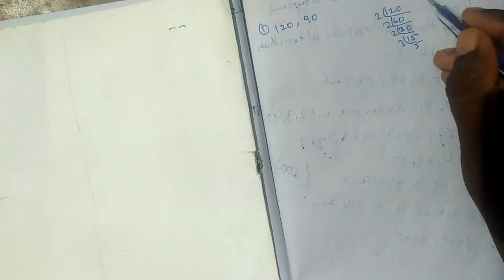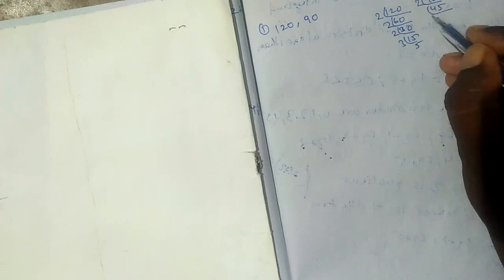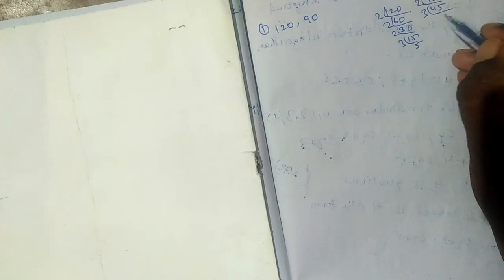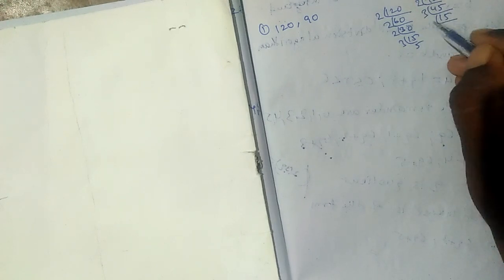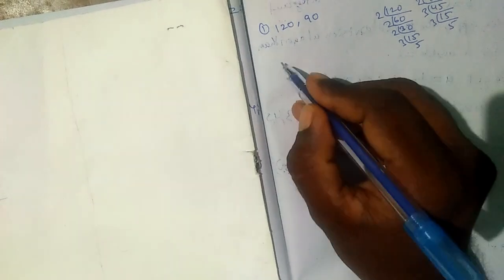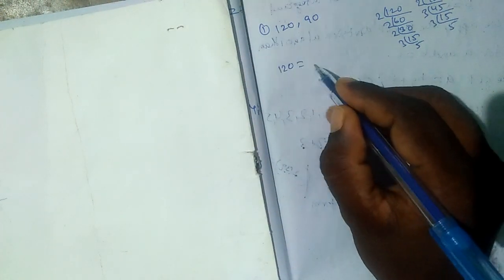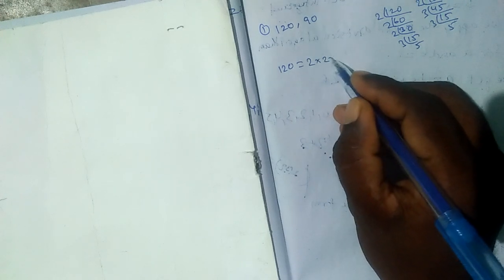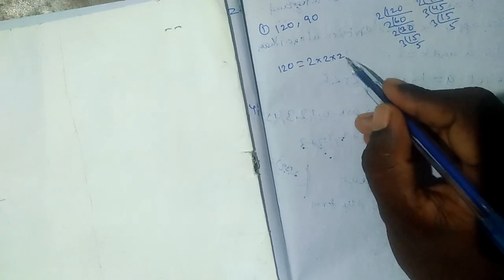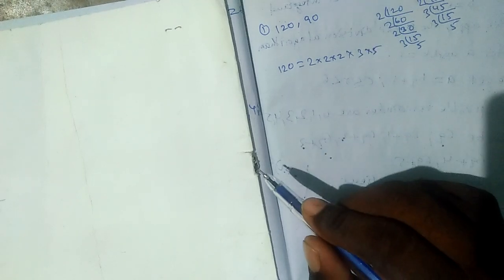Now 90. 2 45s are, 3 15s are, 3 5s. So 120 is equal to 2 into 2 into 2 into 3 into 5.